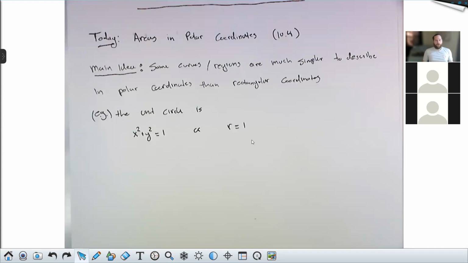So if you had to do some sort of flux integral, I don't know if you know the term, or you're trying to figure out the change in electric potential, right? So you want to carry another charge in your pocket from the moon up to the charge I'm holding in my hand, and figure out how much work you have to do based on the electrostatic forces. Any problem like that, where you have radial symmetry, is going to be much nicer if you set it up in polar coordinates.